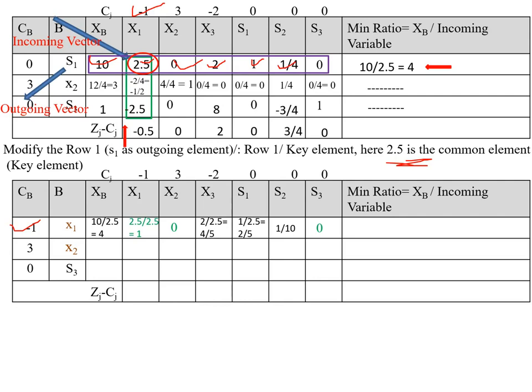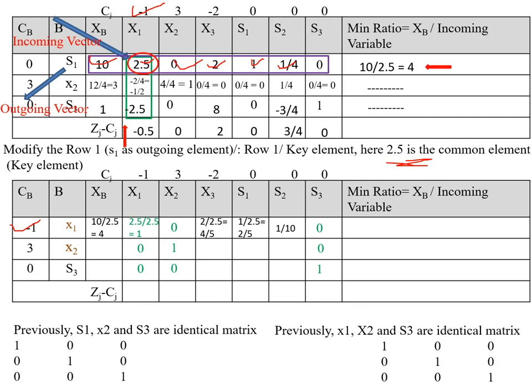Next we have to observe that previously S1, X2 and S3 formed the identity matrix, with values 1 0 0, 0 1 0, 0 0 1.